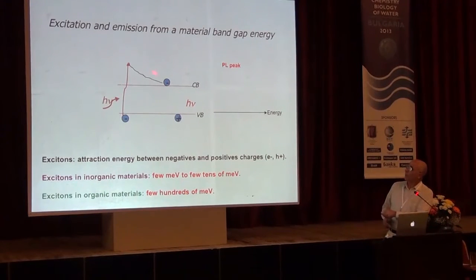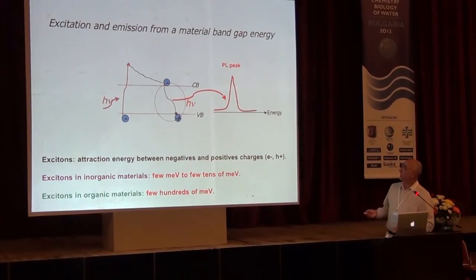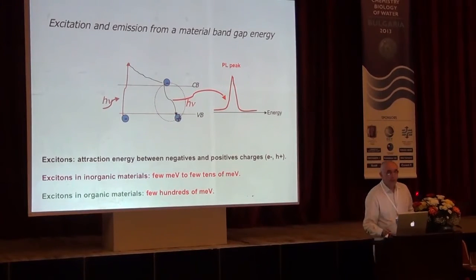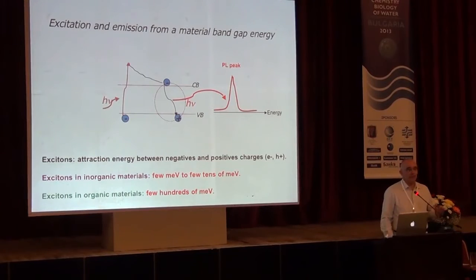So this is what I'm doing here. I'm exciting this electron from here to here. It thermalizes and it can emit light, like this one. So we have to consider that they have this attraction, excitonic attraction. For inorganic materials, this attraction can be very low, a few millielectron volts.